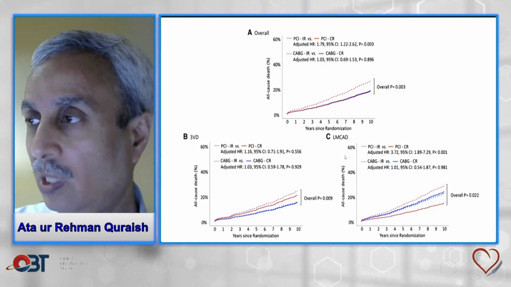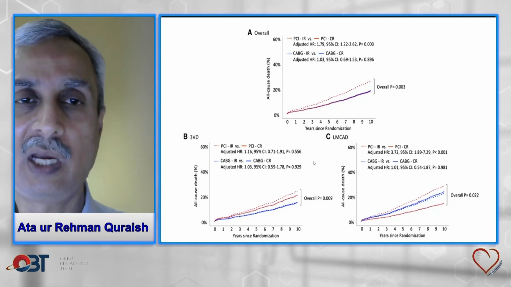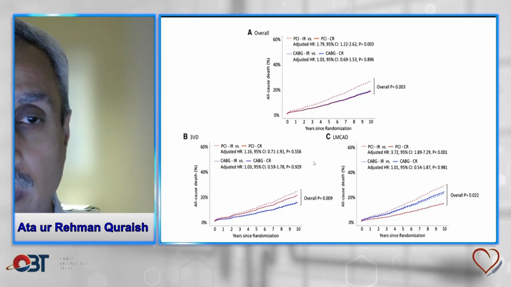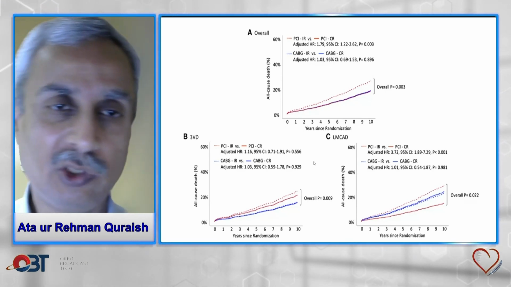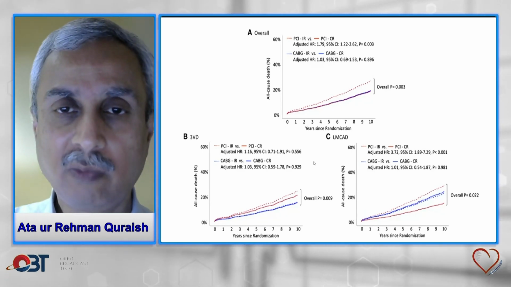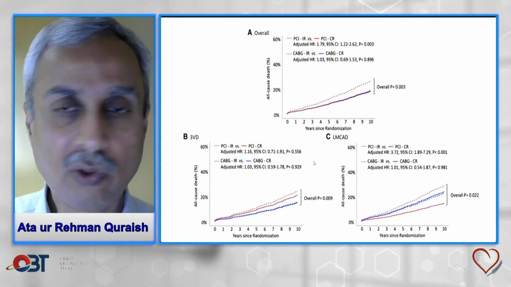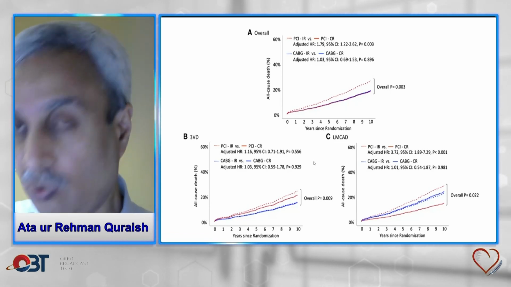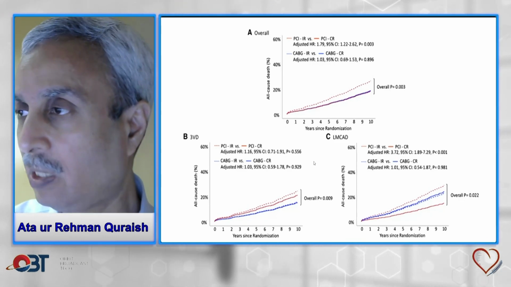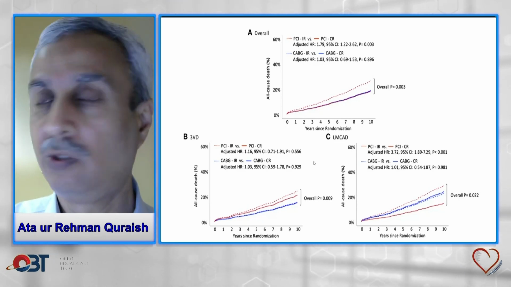So again, an important lesson we need to learn from these studies: when we are performing PCI as a primary procedure in patients who can undergo bypass surgery but prefer PCI, then we need to make sure that we are providing complete revascularization in these patients who have less complex anatomy. When we perform incomplete revascularization, the outcomes are worse compared to bypass surgery.